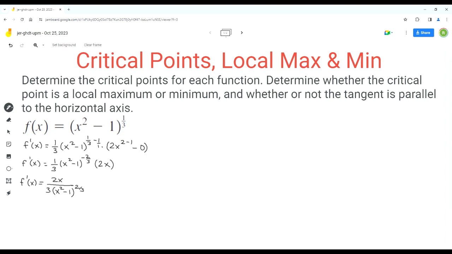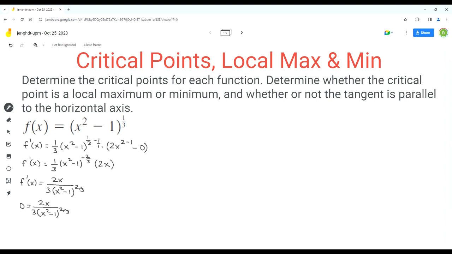Now we'll have to find the x values at which the derivative is equal to 0. So we'll sub in the left side as 0. So we get 0 equals 2x over 3 parentheses x squared minus 1 exponent 2 over 3.